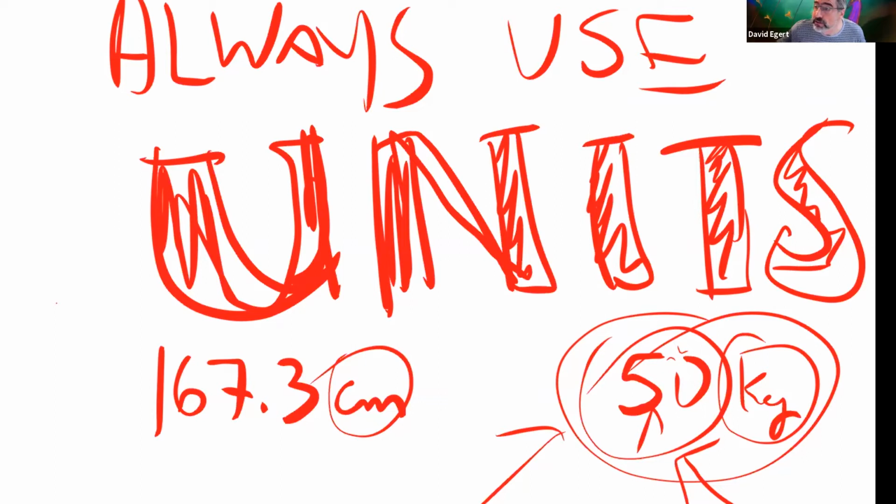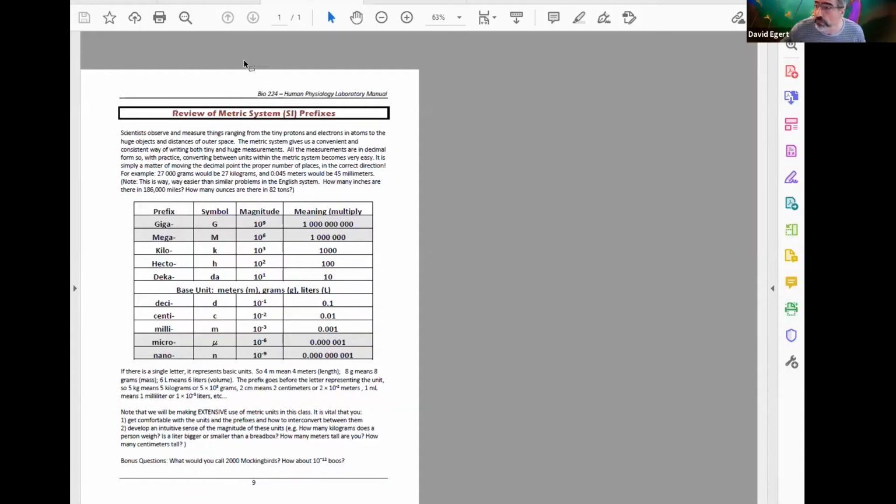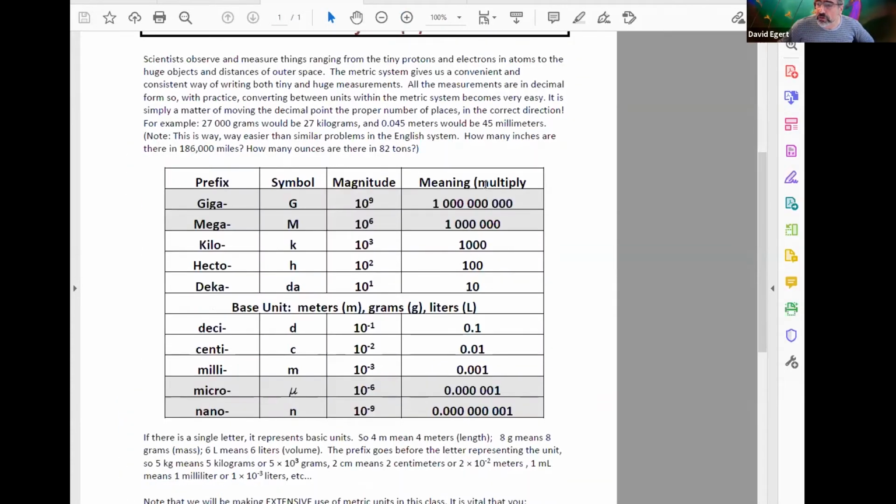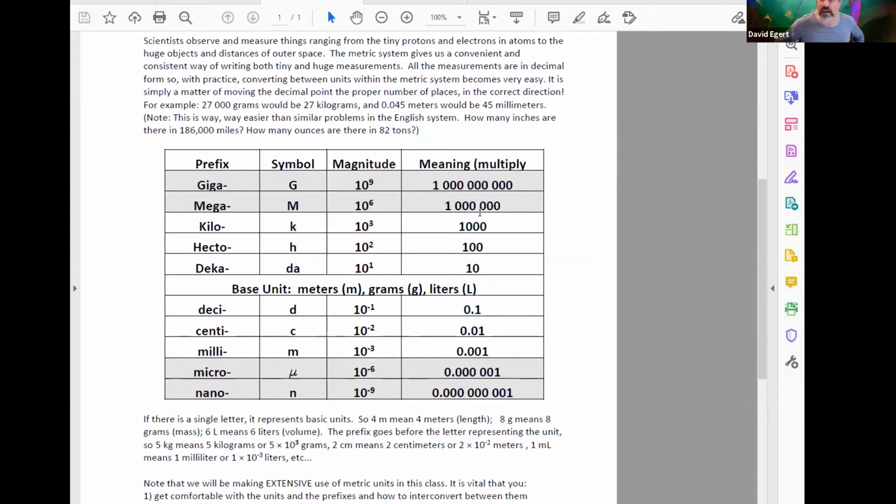Speaking of units, this is in your lab notebook. Just review this. If this is not intuitive to you, I know some people know metric units well, particularly if you spent time not in the United States.